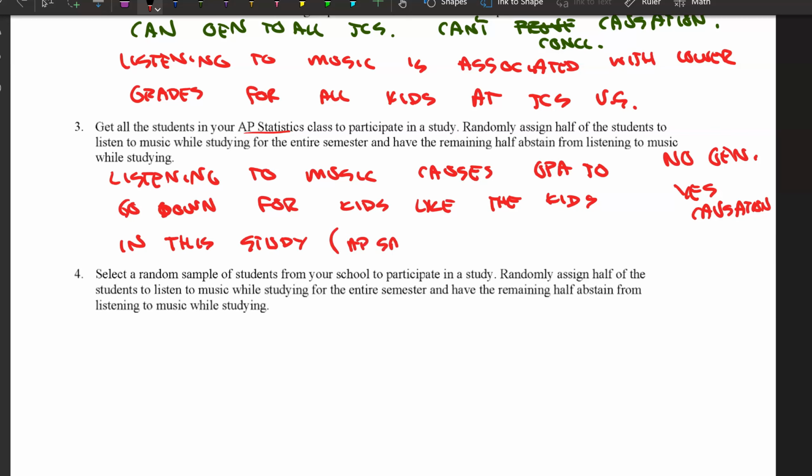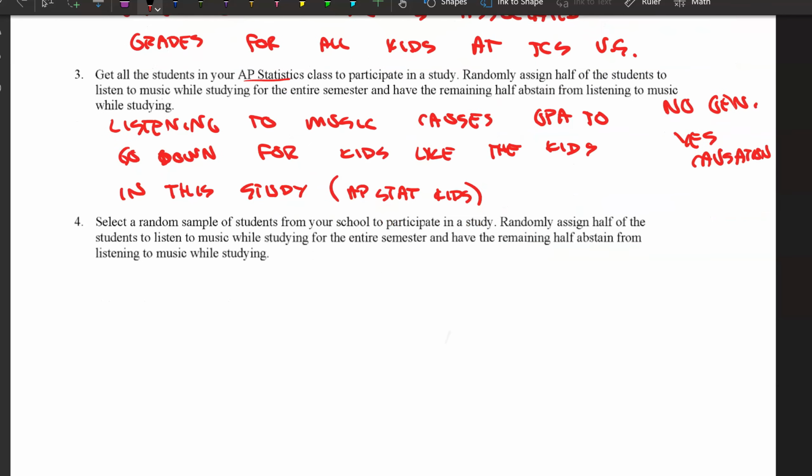The AP Stat kids. So I can say a very powerful statement about causation because I did an experiment. So you can say music causes GPA to go down, but you can't generalize to everybody.